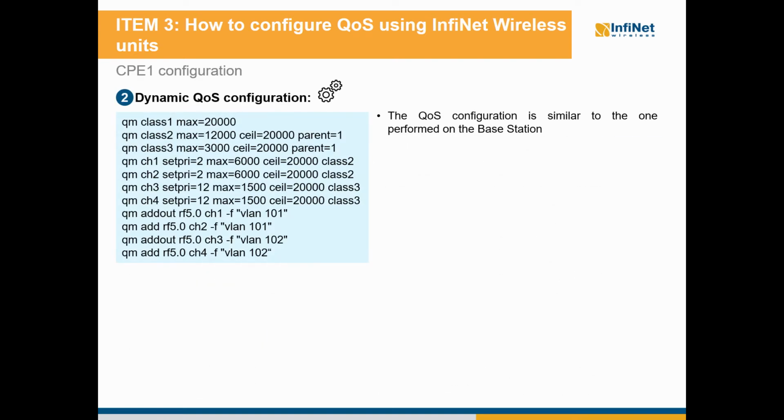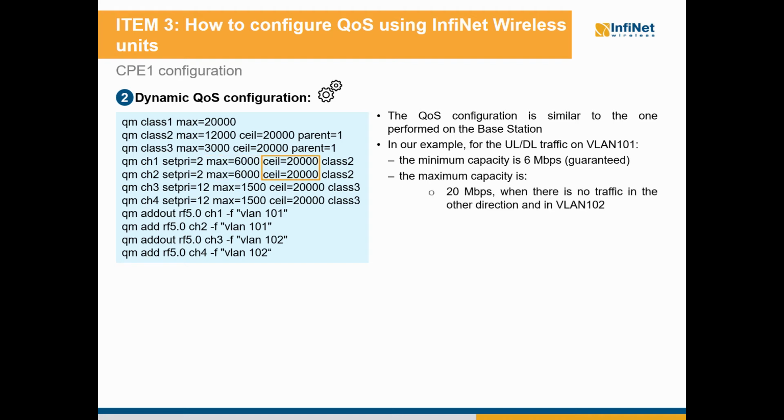The dynamic QoS configuration is similar with the one performed for CPE1 on the base station. In our example for the uplink and downlink traffic on VLAN 101, the minimum guaranteed capacity is 6 megabits per second, so the 12 megabits per second CIR of PC1 is split 50-50 between uplink and downlink.